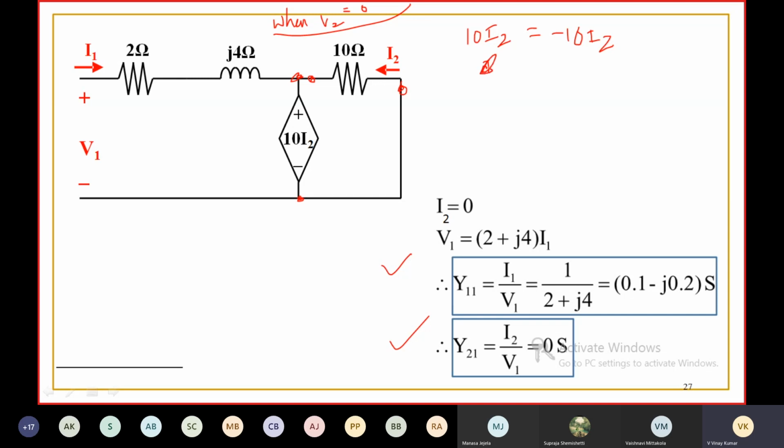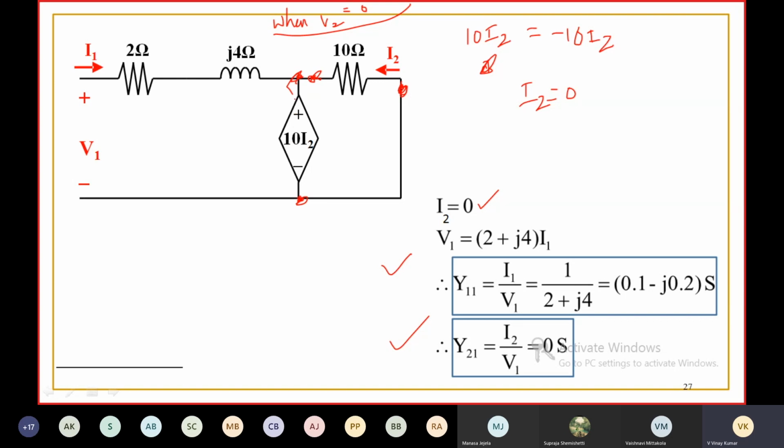Voltage at this point with respect to this point is minus 10 I2. Here the voltage between these 2 points is 10 I2. Then I2 becomes 0. If I2 is 0, it means no current is flowing to this.